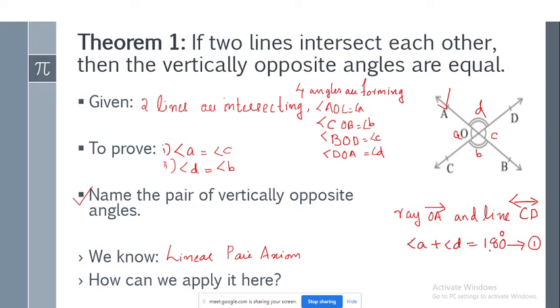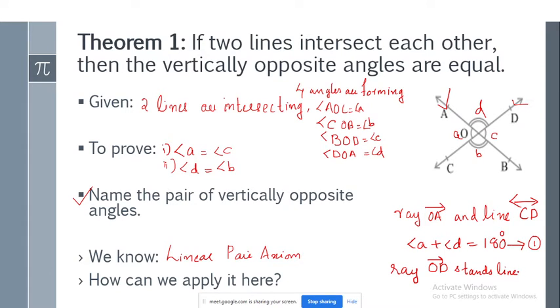Now, let us apply this linear pair axiom in another ray. Let us take ray OD. We are going to take this ray and the line AB. So, we can say that ray OD stands on a line, which line?